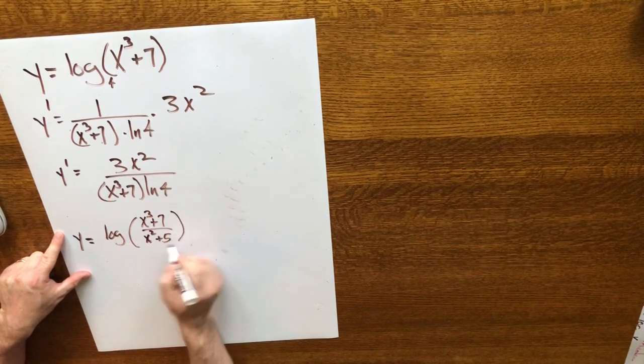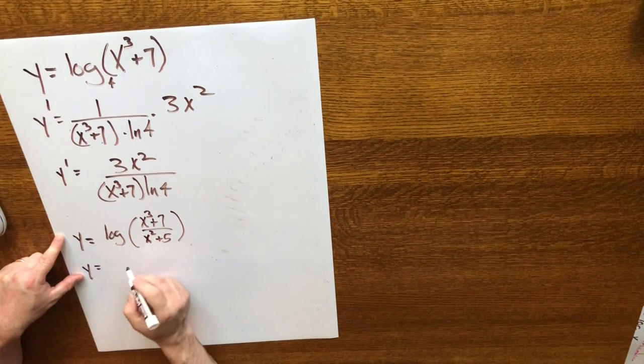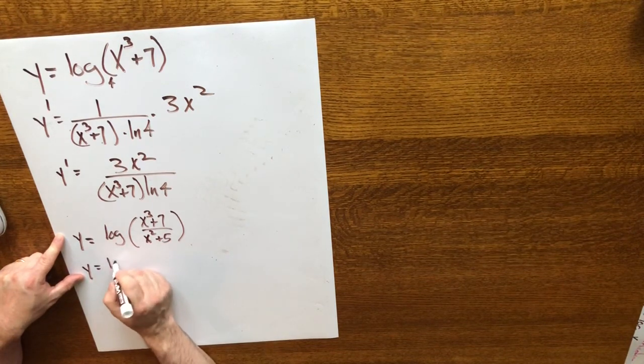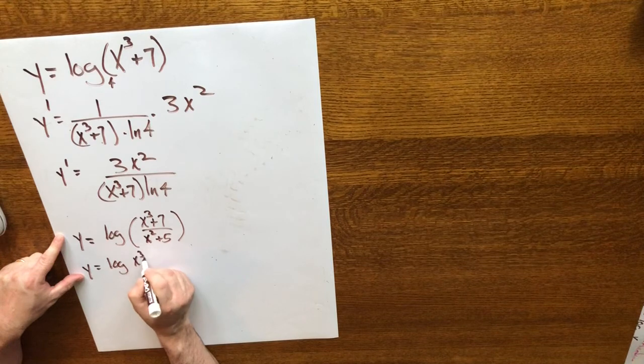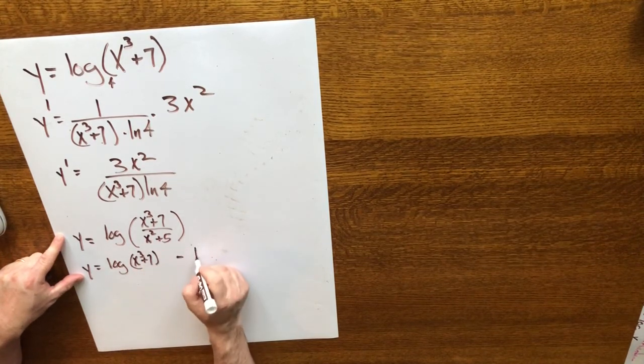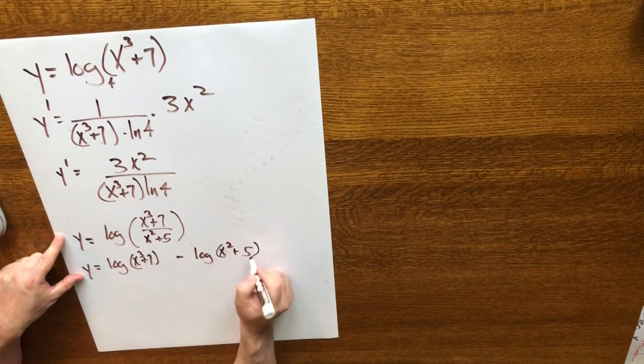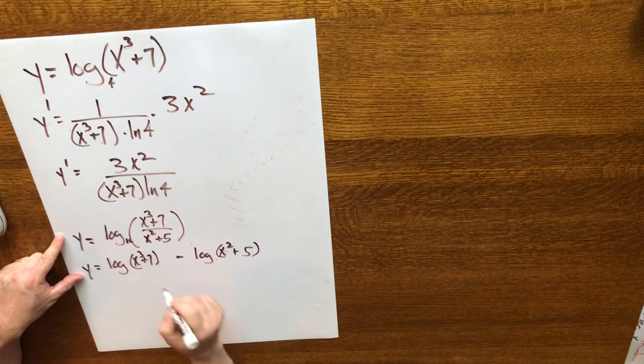So in this case we have a quotient for an argument. We're going to separate that into two separate logs. We're going to say the log of x cubed plus 7 minus, because it's a division, the log of x squared plus 5. So this is implied base 10. We don't write that in.